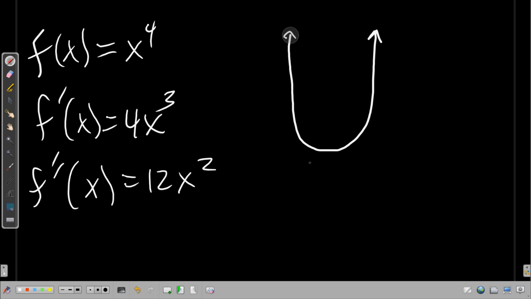The graph of x to the 4th looks like this. 0 would be right there. I am fairly certain that there's not an inflection point there. This is messing with my definition, though.